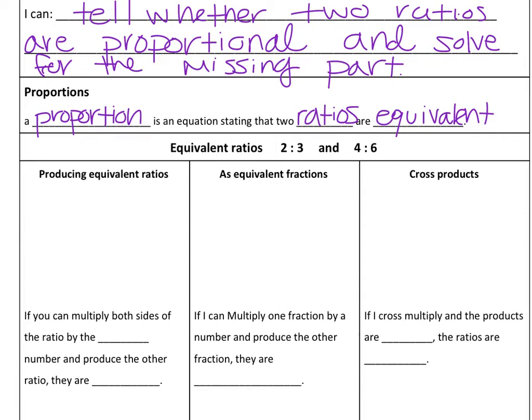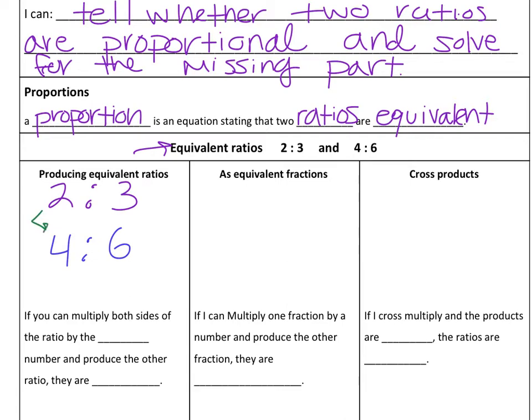So there's a couple of different ways we can do this. Right here we have the equivalent ratios 2 to 3 and 4 to 6. If I can multiply them by the same thing, they will be proportional.